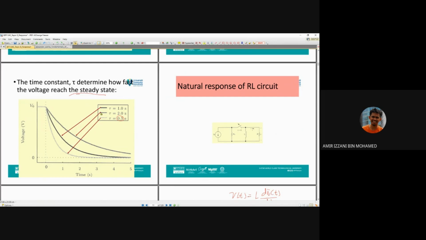If we increase the tau, it will be slower. This one has tau equals 2 seconds, R times C equals 2 seconds. And if we make it smaller, then it will discharge faster compared to tau equals 2 seconds.